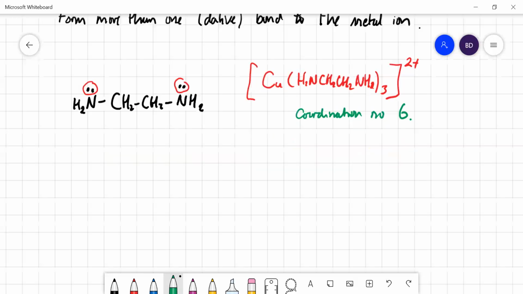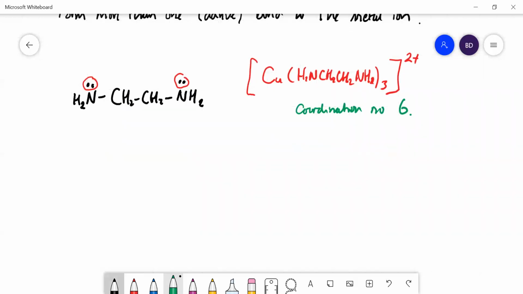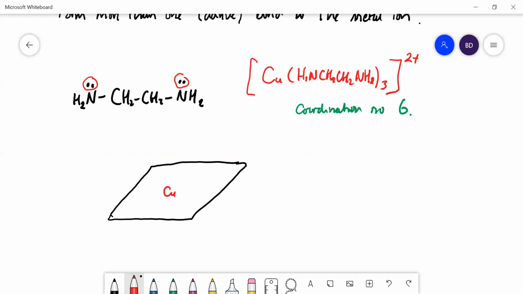Right, let's try and draw what that would be. It would be an octahedral shape. So if we draw our flat bit, here's copper, and so there's going to be 4 bonds like this, 1 down and 1 going up. So I will just draw my diaminoethane like this. I'll just draw N, and then there'll be a CH2, and then the other N there.